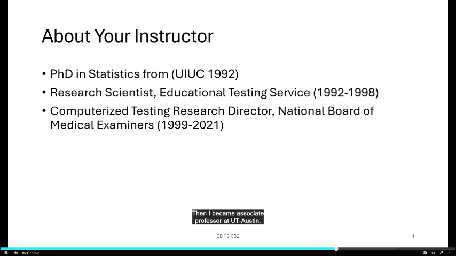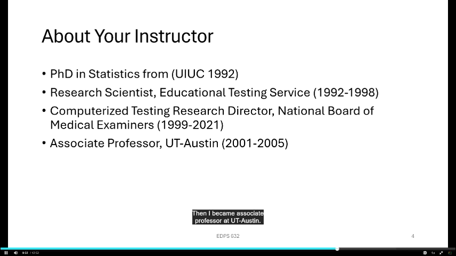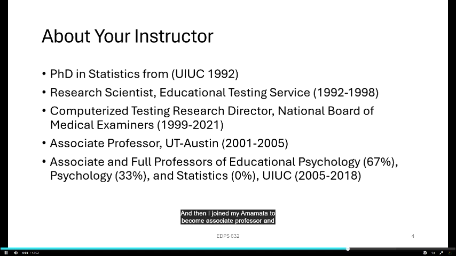Then I became associate professor at UT Austin. I worked there for 4 years. There I taught Introduction to Measurement, Computerized Adaptive Testing, Advanced Topics in Testing, and also Introduction to Statistics. And then I joined my alma mater to become associate professor and full professor in 3 departments.